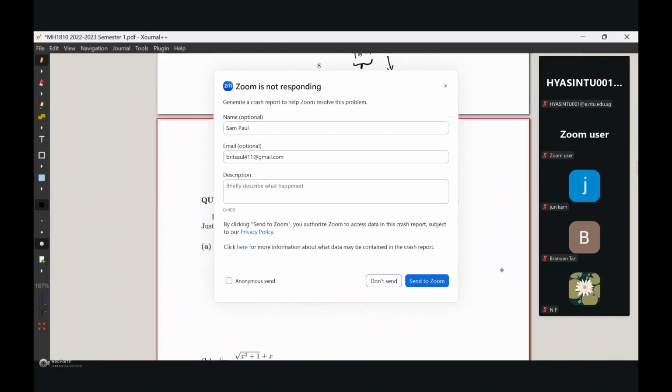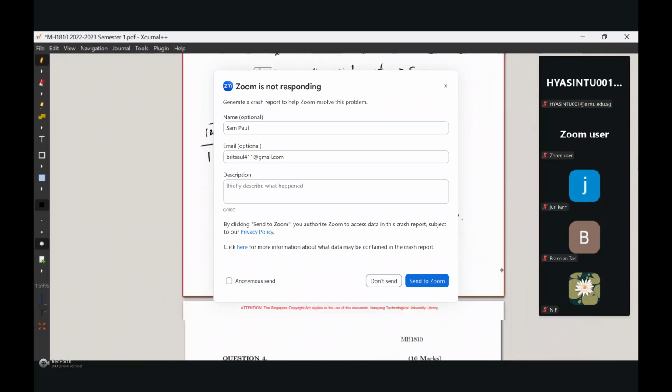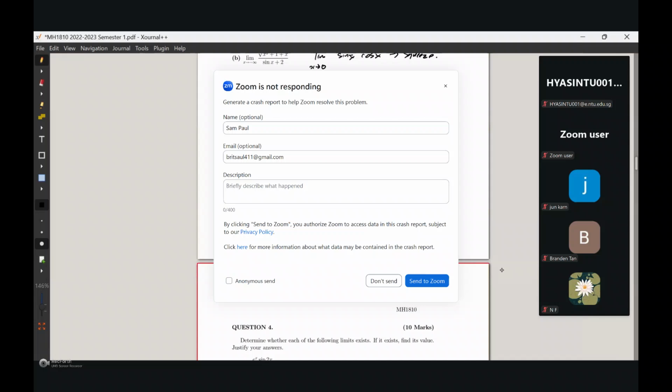So because this limit here is 0, remember that in my original squeeze, I wanted to squeeze this between the square root of x squared plus 1 plus x over 1 and the square root of x squared plus 1 plus x over 3.